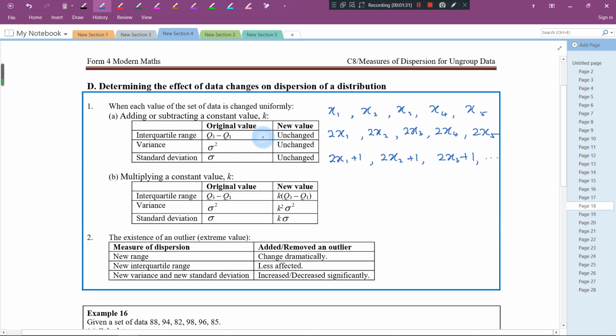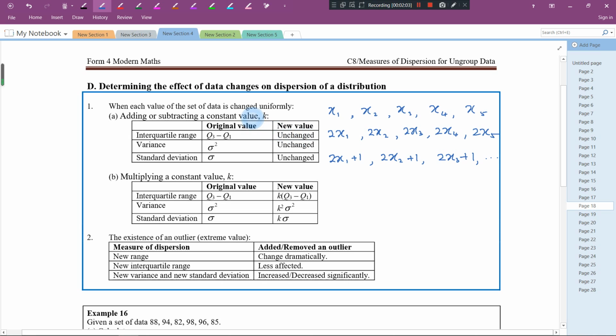Okay, so now if every single data changes in the same manner, they change uniformly, what is the effect on the new interquartile range, new variance, and new standard deviation? Okay, now let's look at here. If every single data plus k or minus k, the new interquartile range, new variance, and new standard deviations remain unchanged.